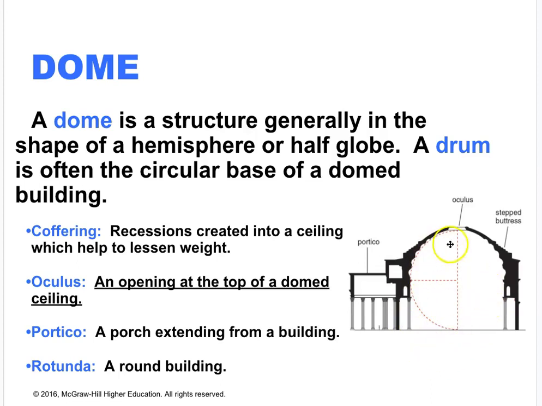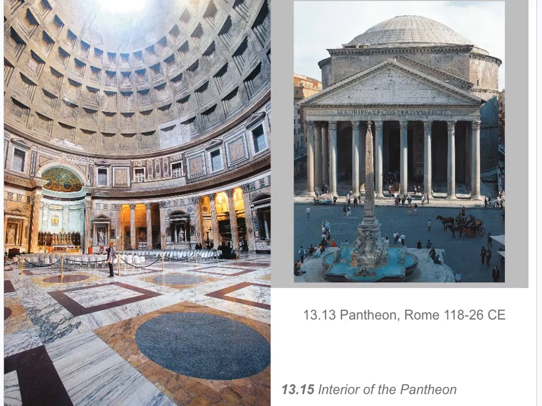Rotunda is a round building, just this space basically. So when we look at this image again, the interior is the rotunda. If you go to a Capitol where they have an arched dome top, as many of the capitols in the United States have, it's called the rotunda, the middle of it, like all this open domed area. So this is the Pantheon in Rome.